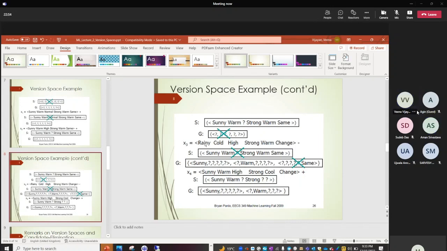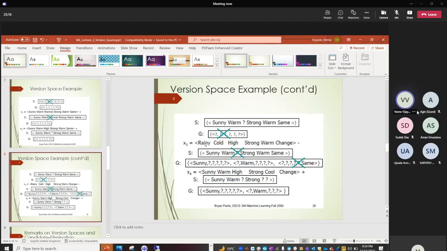Rainy is a negative scenario, so we are not considering rainy and not changing that. We are telling sunny or rainy is a generic hypothesis. The reason is we are comparing each attribute with the specific case and generic case.